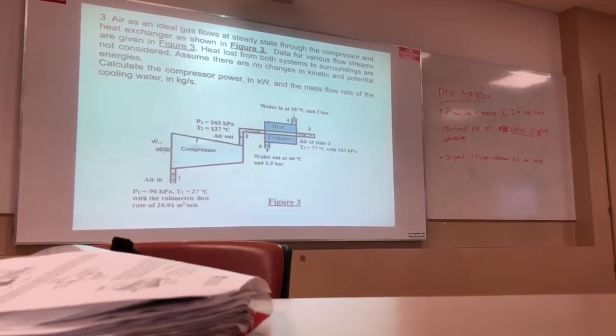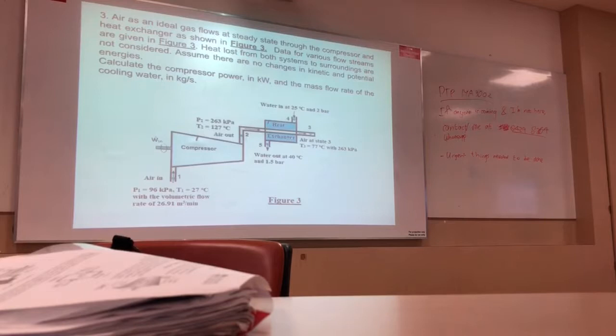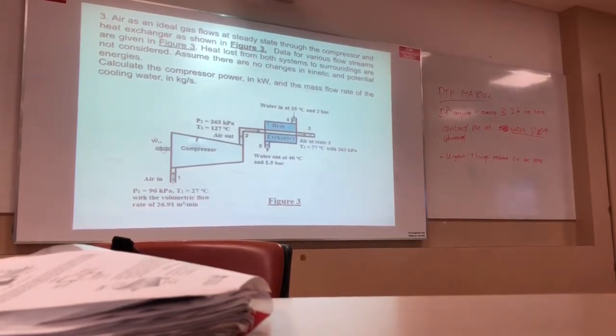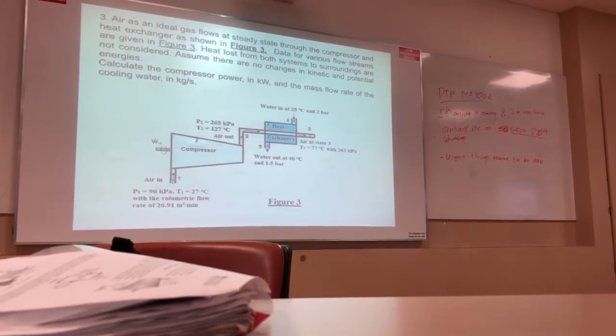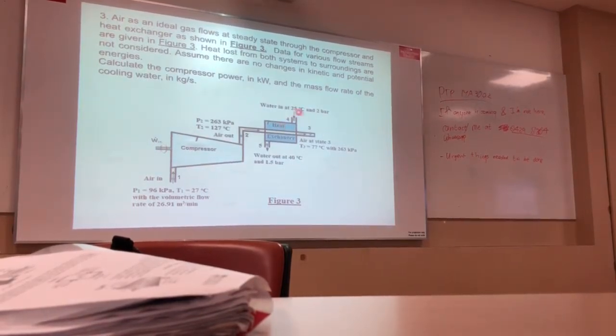Okay, take a look. Air as an ideal gas. At steady state, through the compressor and the heat exchanger, as shown in this figure 3, data for various flow streams are given in this figure. Heat loss from both systems to the surrounding is not considered. That means Q dot out from the compressor and from the heat exchanger.